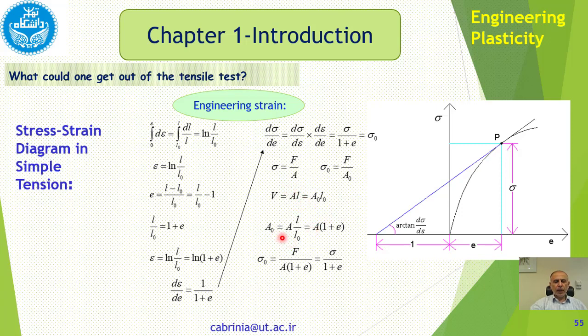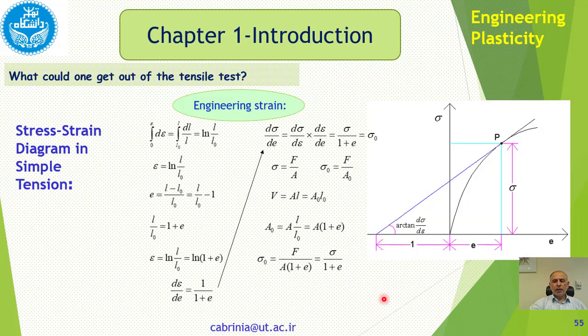Therefore we can write A0 is equal to A times L over L0, and L over L0 is 1 plus e. Therefore, A times 1 plus e. And sigma 0 is F over A times 1 plus e, which is sigma over 1 plus e, right? Because F divided by A is sigma.